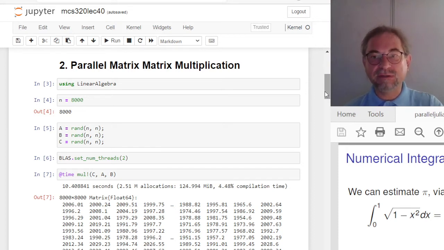So I'm using the linear algebra module of Julia, which is built in. Once you have installed Julia, you can immediately start solving linear systems.